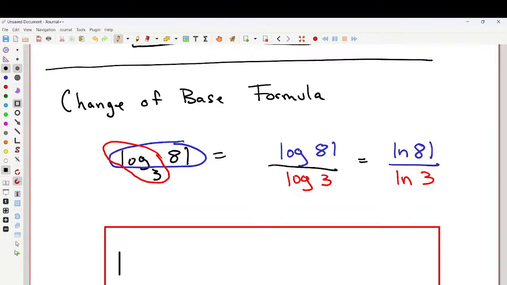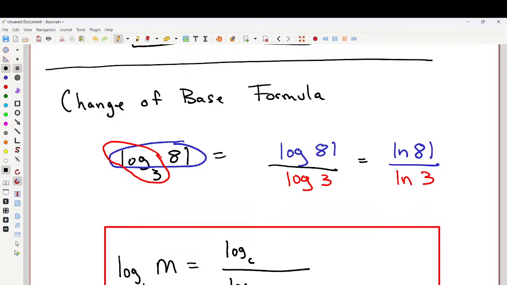So if I'm starting at a log of some base, it could be base 3, it could be base 5, it could be base 1/5, then you can convert it to a different base, whatever you choose.